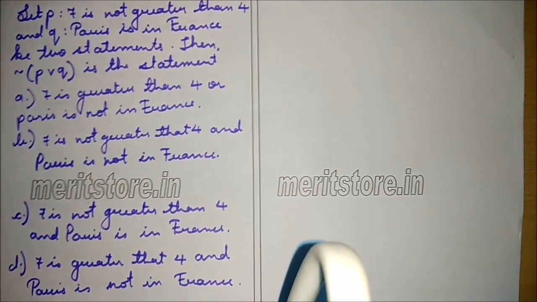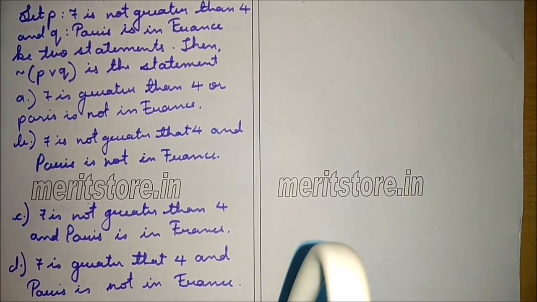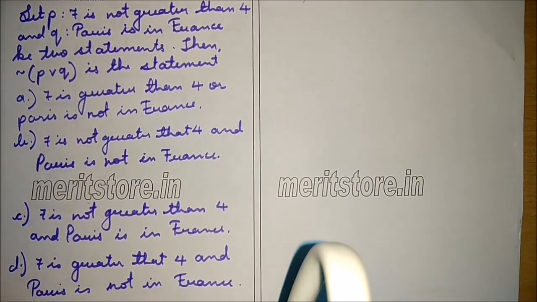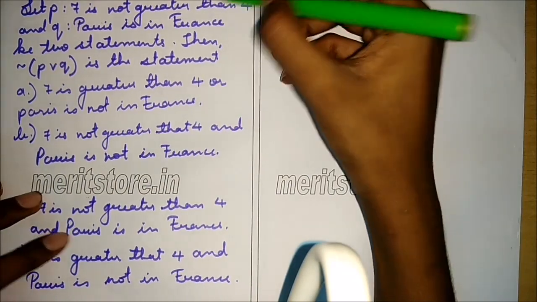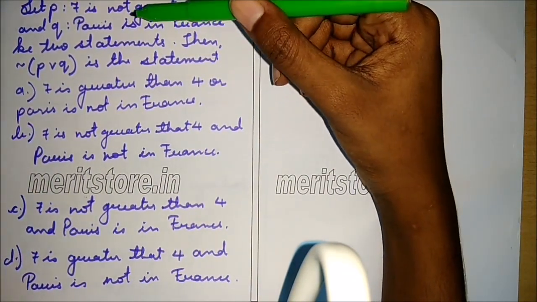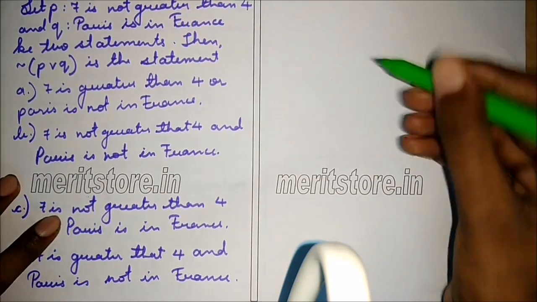Let P be the statement which says 7 is not greater than 4 and Q be the statement Paris is in France. Then negation of P or Q is the statement. So P is given as 7 is not greater than 4 and Q is Paris is in France.